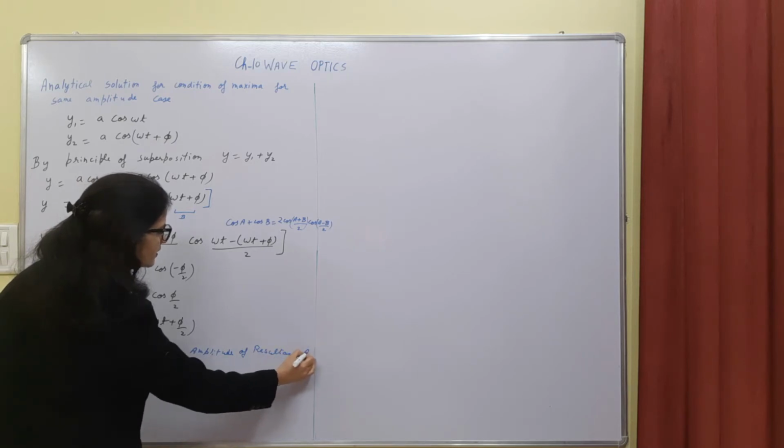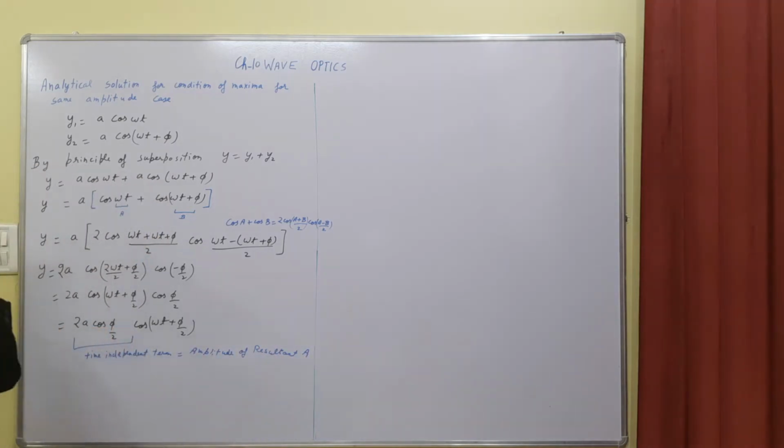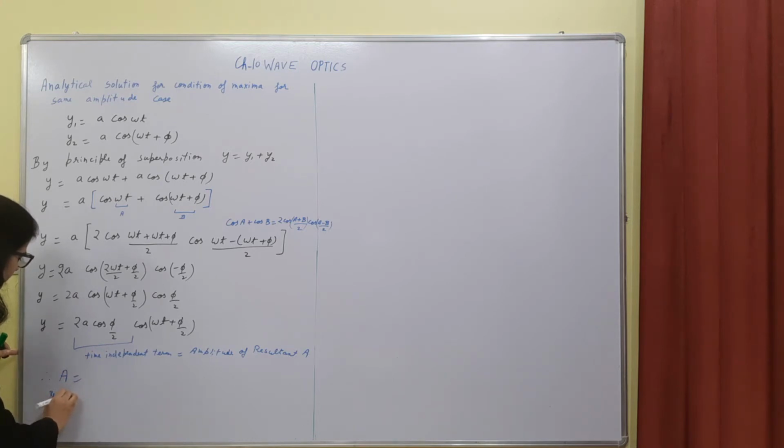This is represented by capital A over here. So we can write down, therefore, the amplitude of the resultant is 2a cos phi upon 2, right?